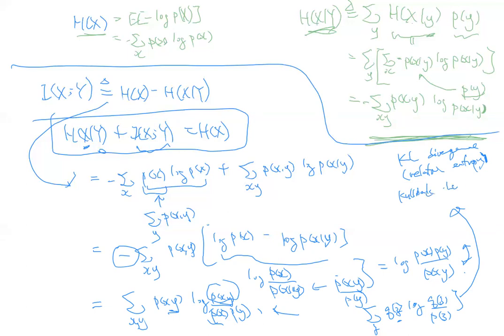Kullback-Leibler divergence, I don't know how to spell it, but let's just call it KL divergence, it's easier. So this guy is really a KL divergence between p(x,y) and p(x)p(y). Don't worry, I will go in depth on KL divergence later, but I'm jumping ahead a little bit.